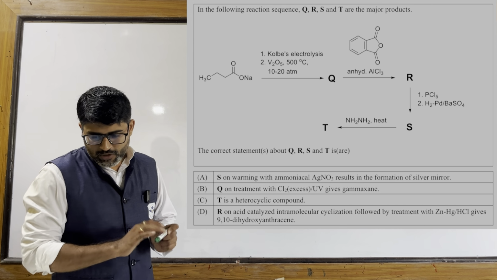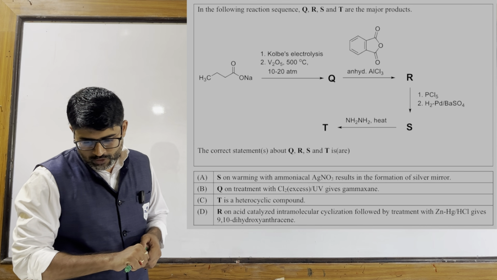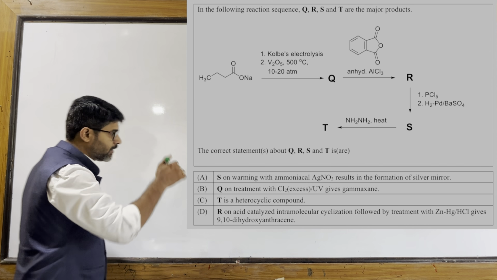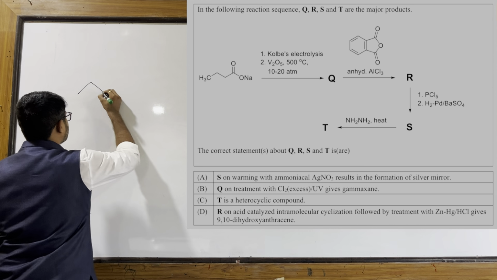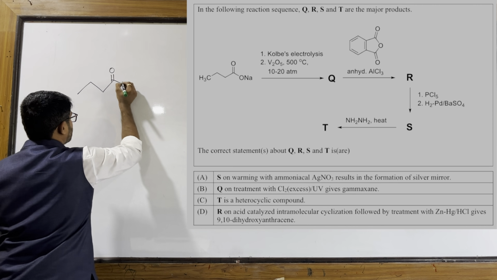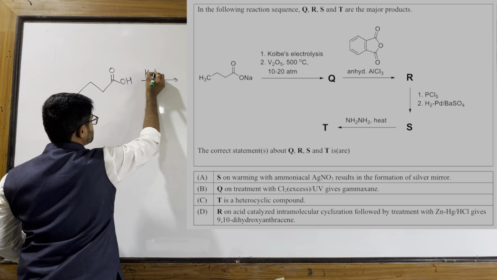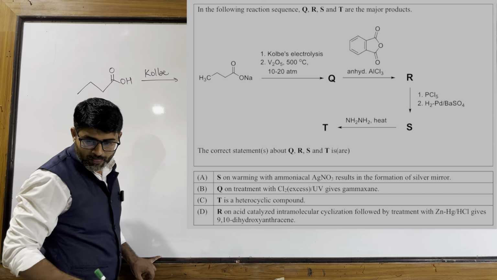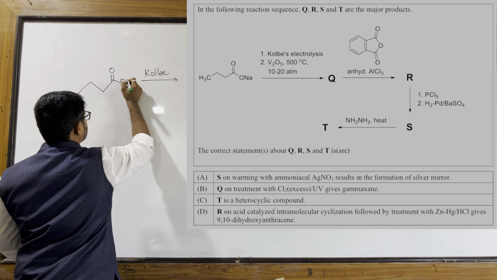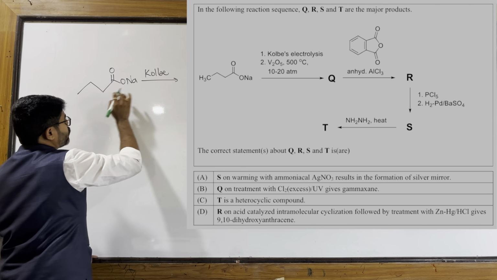First is the Kolbe's electrolysis of butanoic acid. In the first reaction we have sodium butanoate.